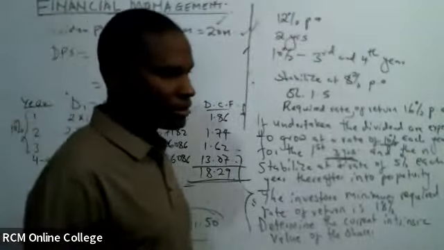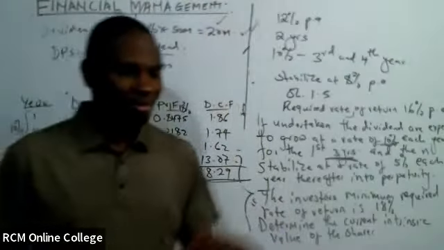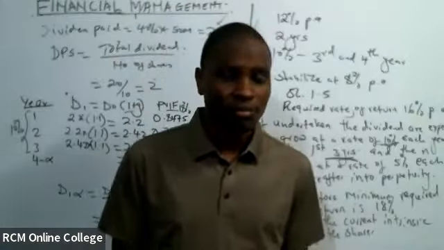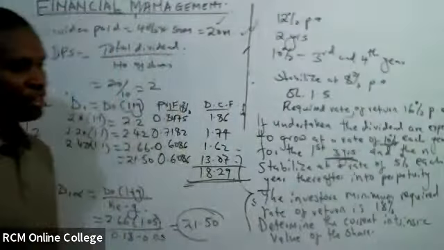Required: the intrinsic value of the share. Sometimes the examiner may ask you the minimum, the highest. Remember, all these things want to know what? The intrinsic value of the share.